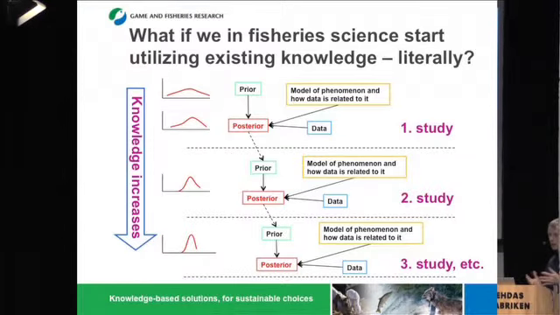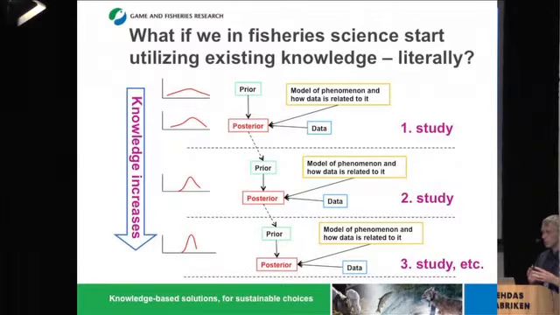In the first study, when we start to model or study some phenomenon, we create a model of what we think about the phenomenon. Then we have, from various background sources, the prior information, and we have an idea about how this prior information is connected to the phenomenon. And we have our own observations, our own data.